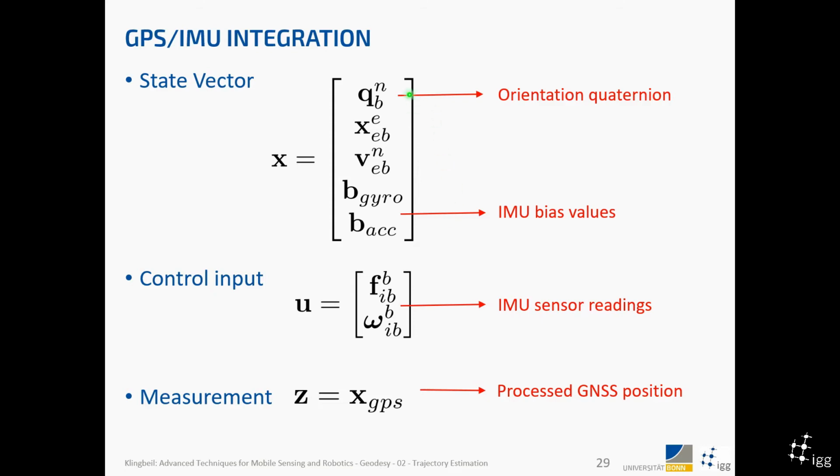It's also good to look again at those indices here, saying that the orientation is given as the orientation between the body and navigation frame, and so on, because this is sometimes a bit confusing. What are actually the values, in which coordinate systems are they given with respect to which other coordinate systems.